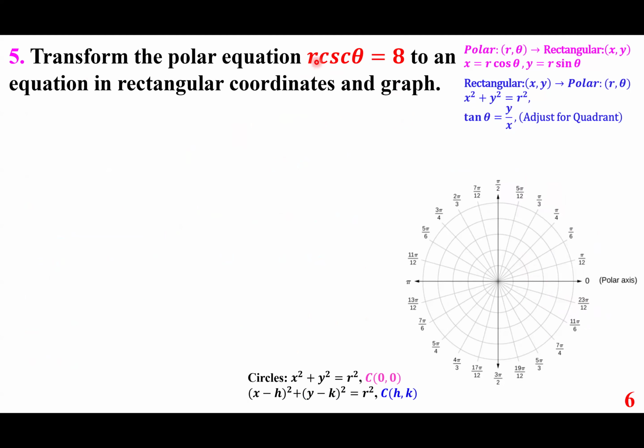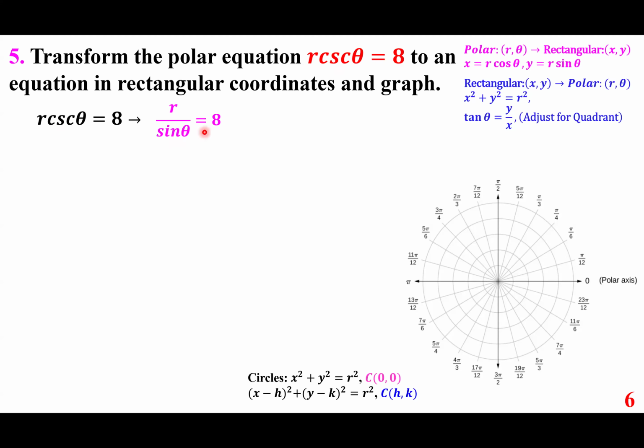Transform the polar form of r cosecant theta equals 8. Well, basically we do the same thing. First and foremost, remember cosecant is 1 over sine. So r cosecant theta is the same as r over sine theta.